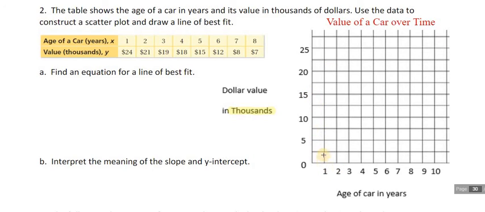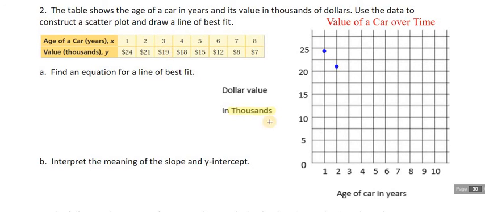So at x of 1, y needs to be about 24. So here I would be at 22.5. We're going to be a little closer to 25 than 22.5 there. So we'll plot that. Next, when x is 2, y is 21. So this is 20, this would be 22.5, so we're going to be a little bit under the halfway point there.